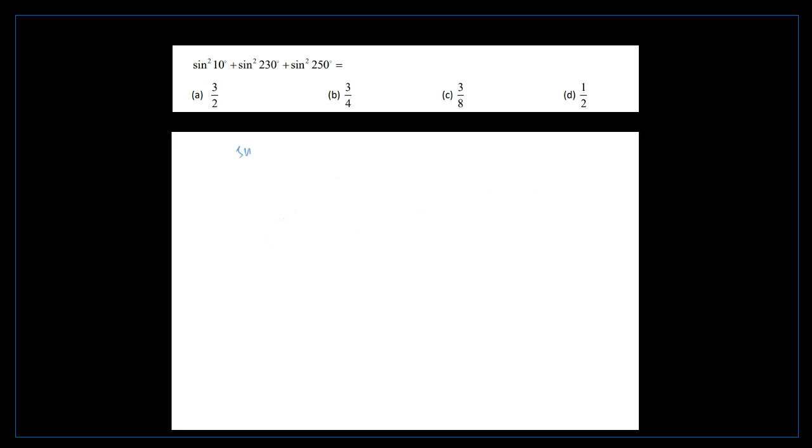If we have sin square theta plus sin square 240 minus theta plus sin square 240 plus theta, we can express this as 1 by 2 into 2 sin square theta plus 2 sin square 240 minus theta plus 2 sin square 240 plus theta.